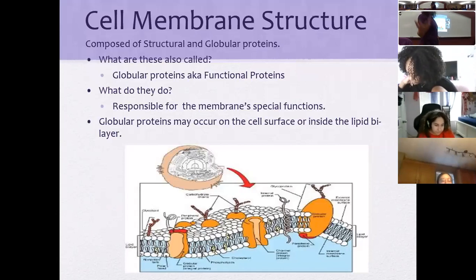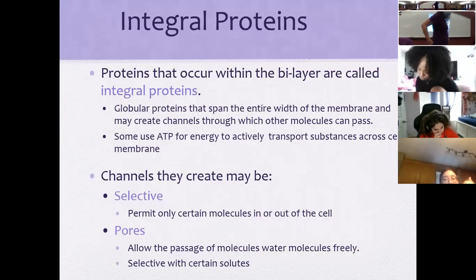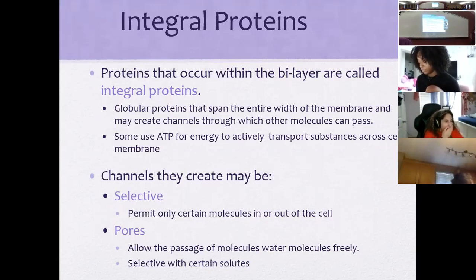This is the structure. We talked about some of these specialized proteins, like our integral proteins. A lot of this stuff that is embedded in this phospholipid bilayer really is just to regulate what goes in and out. We have some channels, like selective channels, selective being just that.